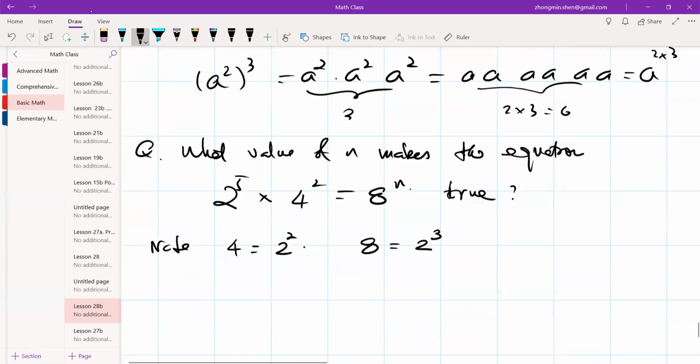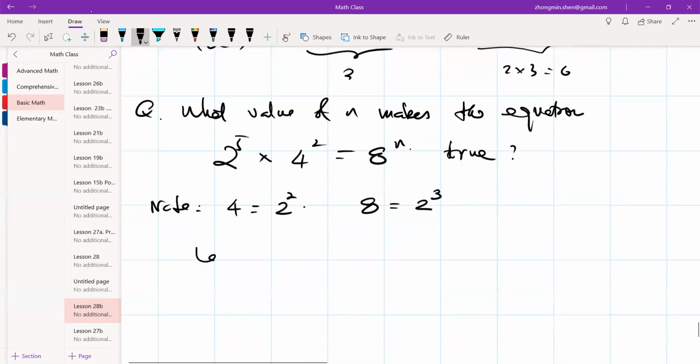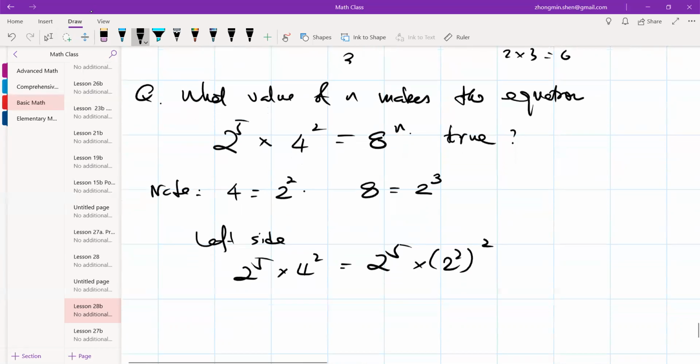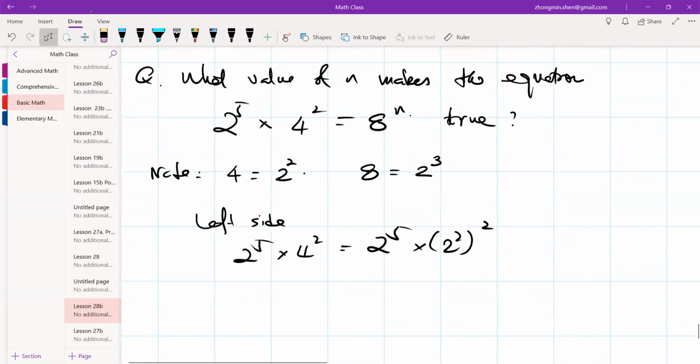So the left-hand side is 2 to the 5th times 2 squared squared. 2 squared squared is 2 to the 4th. It's going to be 2 to the 5th times 2 to the 4th power. Then you can combine them. 5 plus 4 is 2 to the 9th.